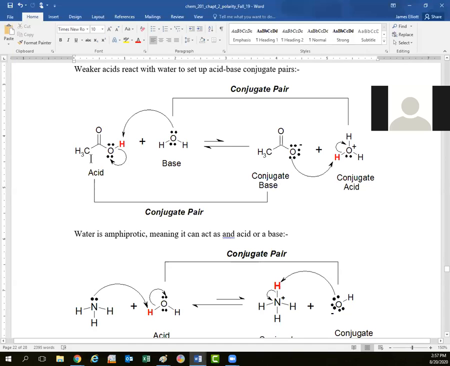And we find that with conjugate pairs, one of the conjugate is going to be an acid and one of the conjugate is going to be a base, because it's reaching out using a lone pair, reaching out to pick up that proton, retake it to reform the original acid. And chemicals that pick up protons are bases, according to the Bronsted-Lowry definition. It's the same with the other conjugate pair.